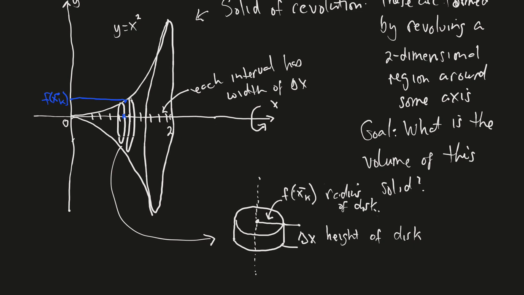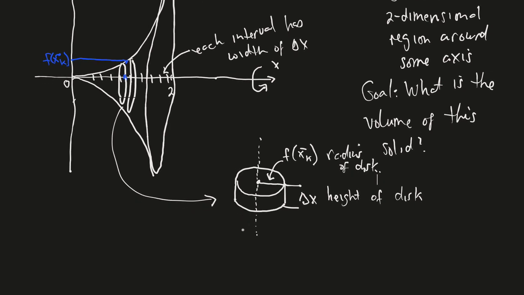So the question is, what would the volume of this little disk be? It has a cross-sectional area that is circular, and then it has this linear height, right?